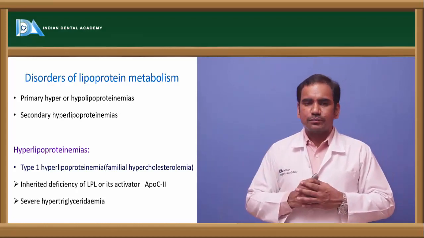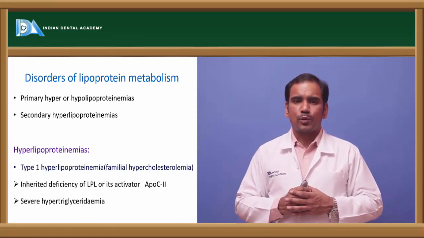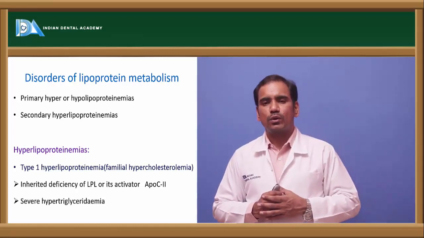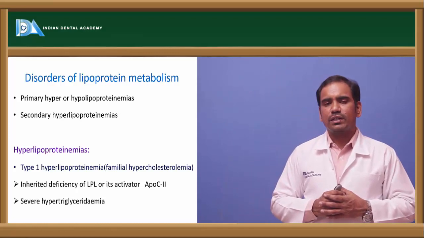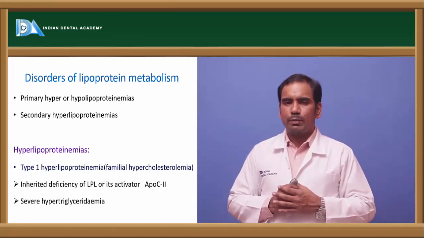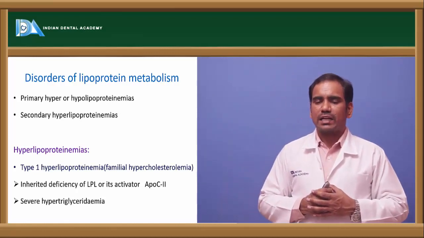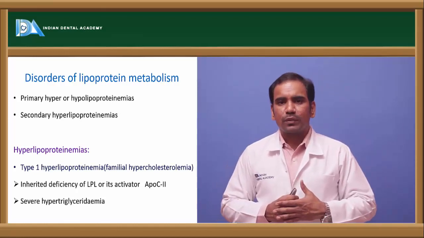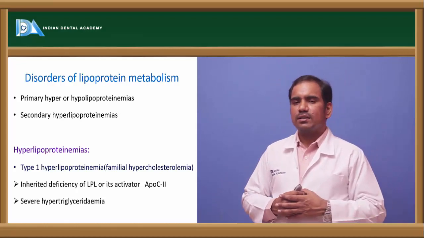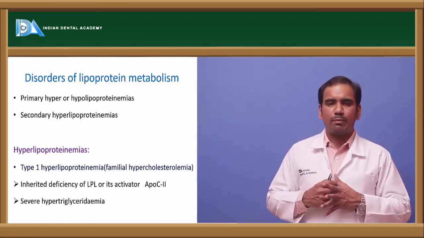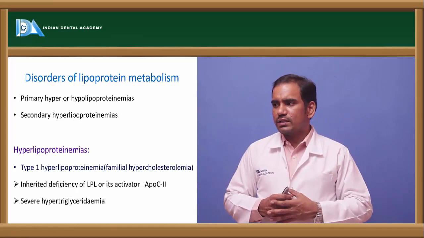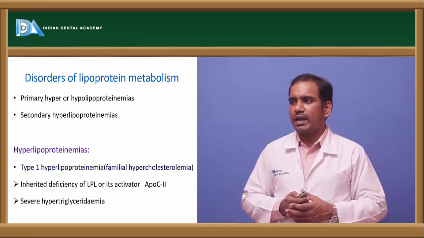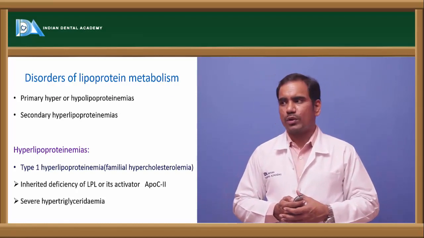Whenever there is a defect in lipoprotein lipase or its activator ApoC2, it leads to increased triacylglycerols in the blood. That is called hypertriglyceridemia. That is the manifestation of type 1 hyperlipoproteinemia.